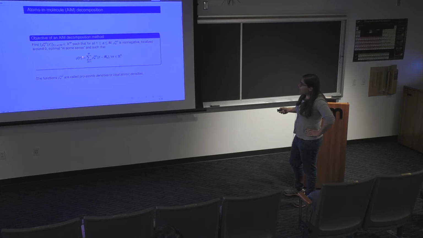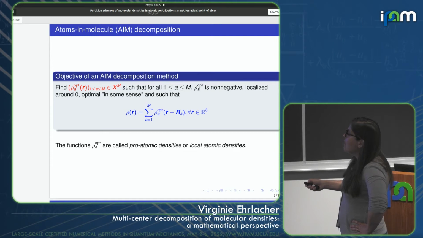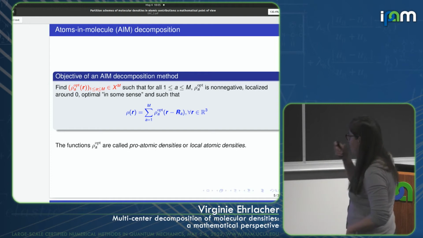Given your molecular electronic density, you want to decompose it under this form here: as a sum from A going from 1 to M, remember M is the number of nuclei within my molecule, of functions which I denote by rho A opt of r minus R A. Remember R A is the location of atom A within the molecule.